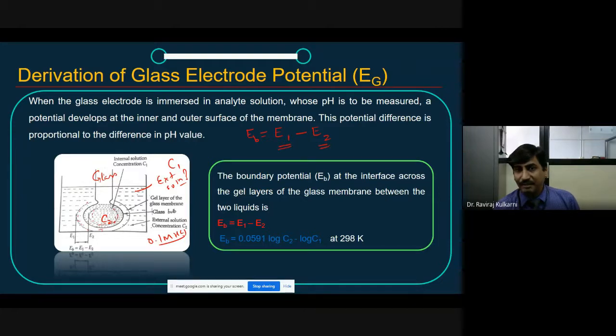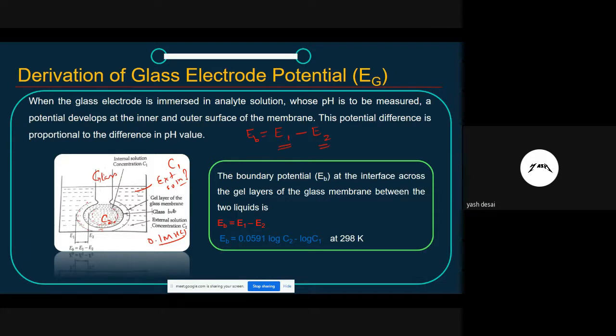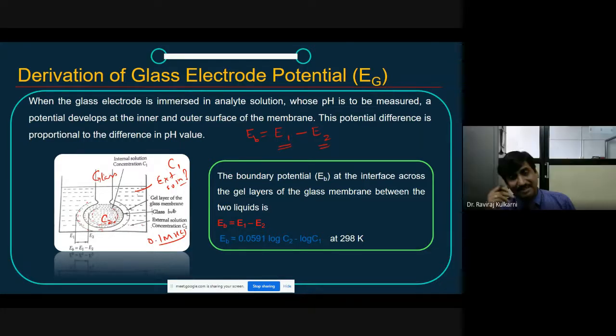If the concentration of H plus ions on either side of the membrane is the same, what happens? The potential will be 0, sir. It should be 0, but it is not exactly 0. There is some potential because of asymmetry. That also we will consider.